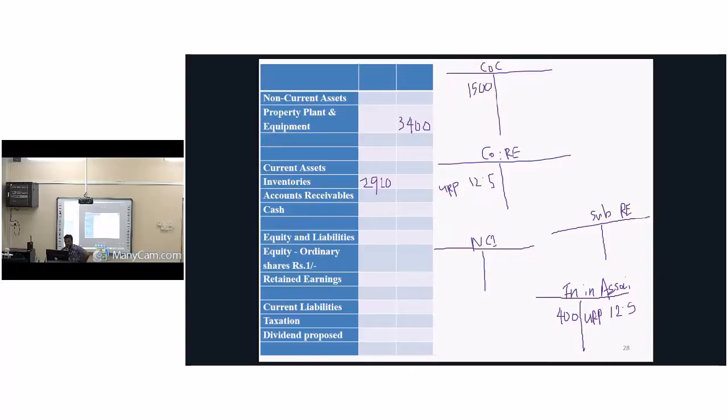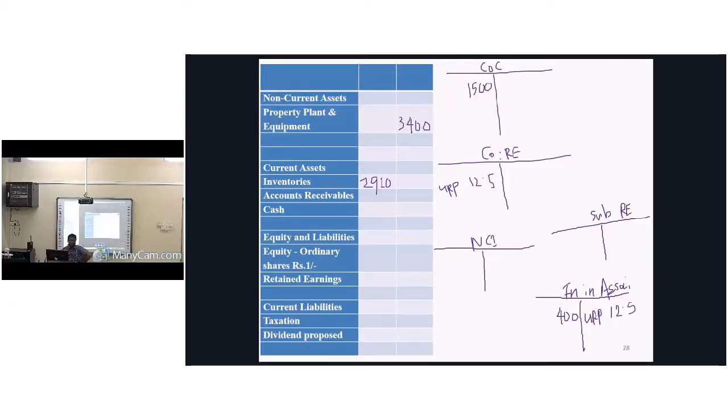But let's assume the associate sold goods to the parent. Then how do we do it? Debit consolidated retained earnings with the investor's share of the unrealized profit, that percentage only, and credit consolidated inventory. Understand?